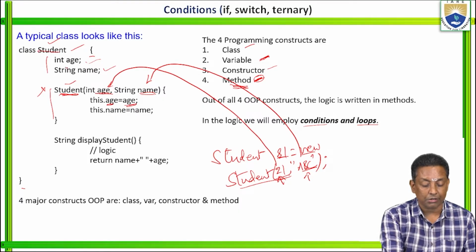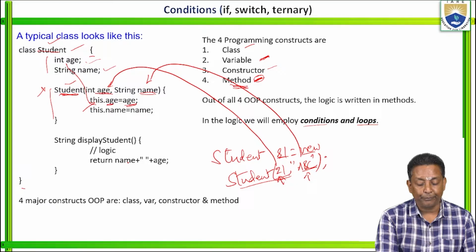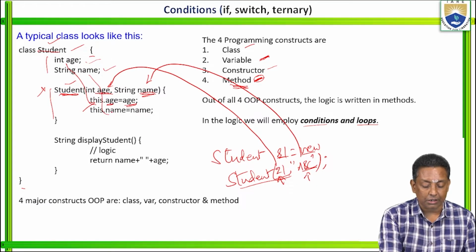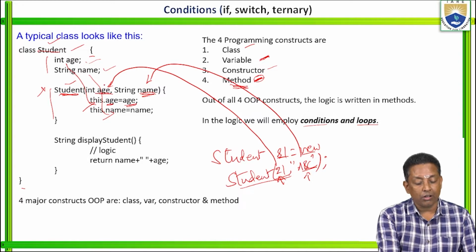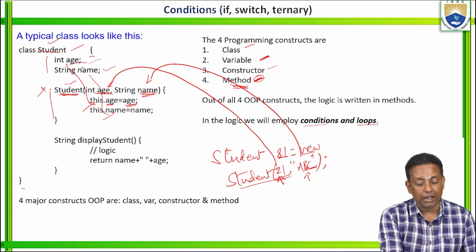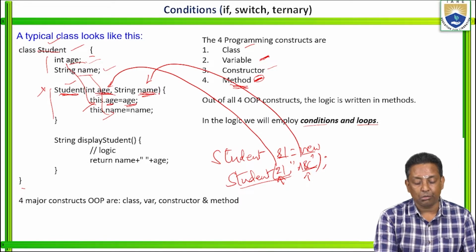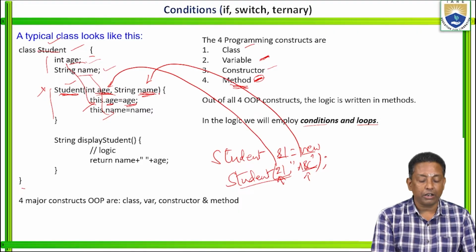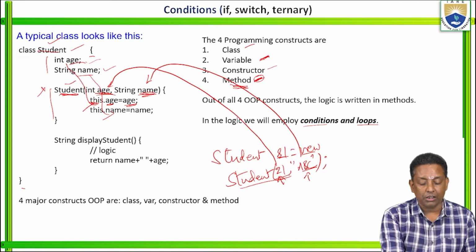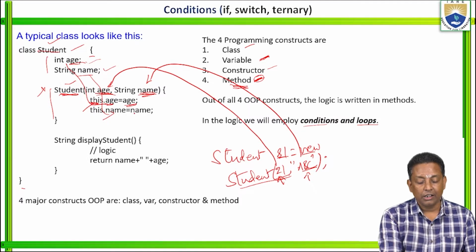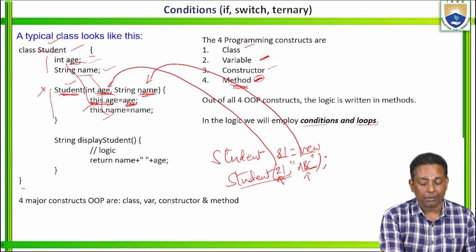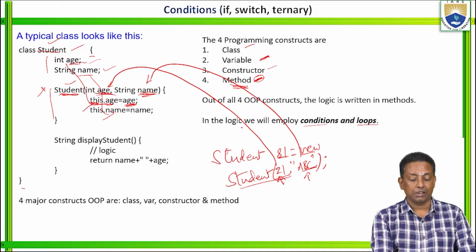The age parameter coming into the constructor, we assign to the class instance variable. So this is the class instance variable. This is the class instance variable. And this name parameter is assigned to the class instance variable name. Because class instance variable names and parameter names are both the same, in order to differentiate, we used a keyword called this. This dot age means the class instance variable will be referred. This dot age is equal to age we are assigning. That means the constructor parameter we are assigning to the class instance variable.